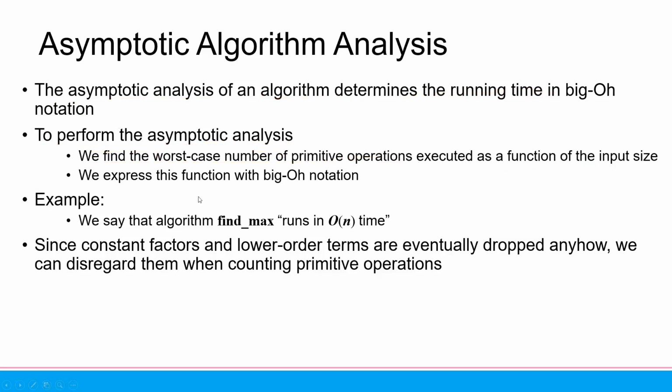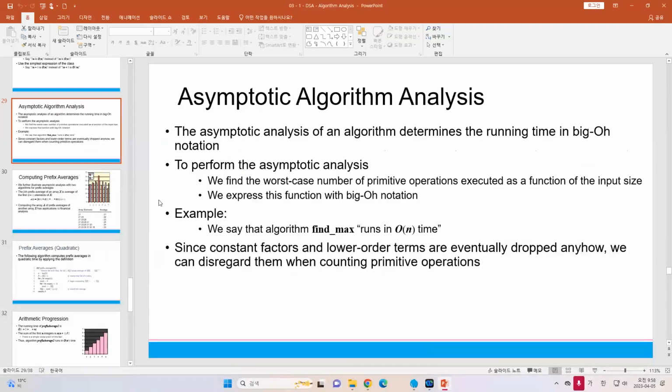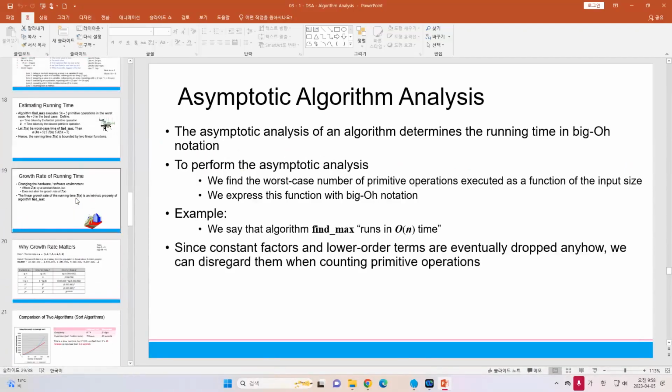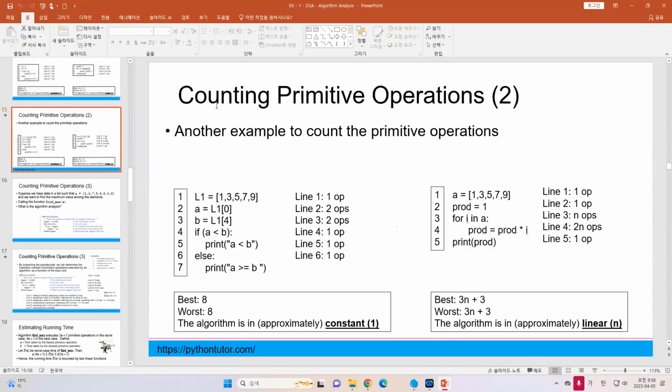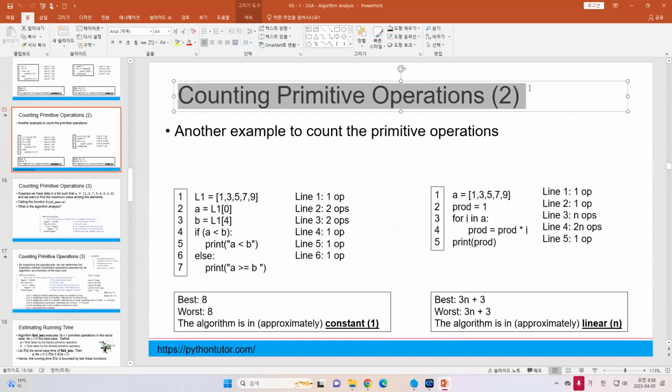Last time we already did the operation. Let me repeat one more time. When we count the primitive operations, we have operations like one operation, two operations, two operations, one, one, one. And in this case, we just need to have the worst case.